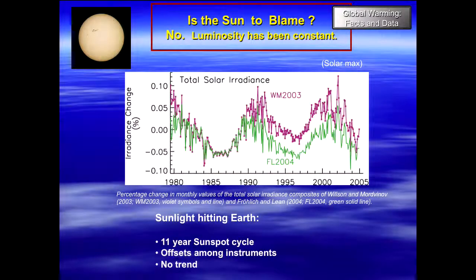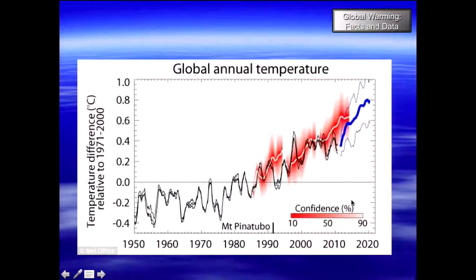We'll talk about that next week. Sometimes the sun is a little fainter, sometimes brighter, fainter, brighter. But overall, the brightness, the luminosity of the sun hasn't changed. And so the temperature rise that we've been seeing, the global warming, is not due to our sun.